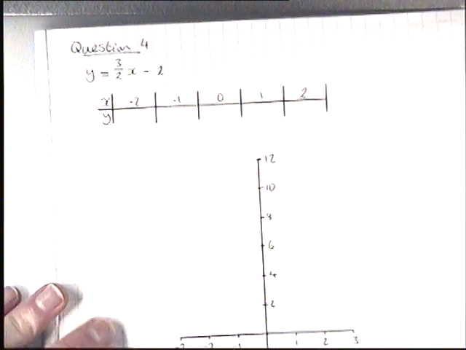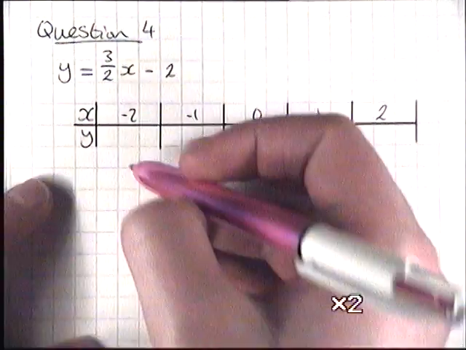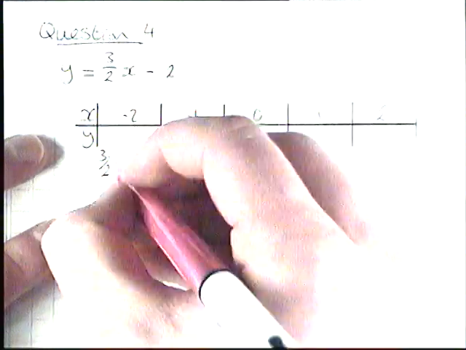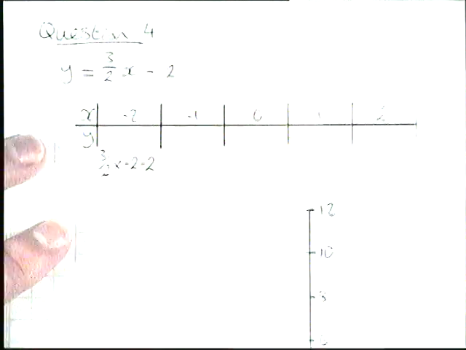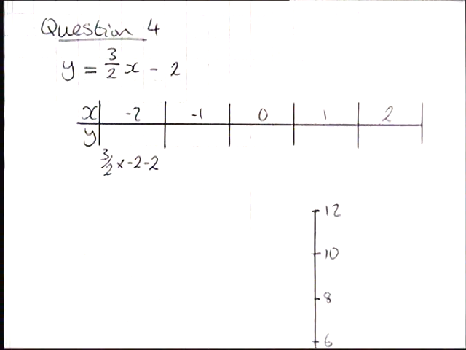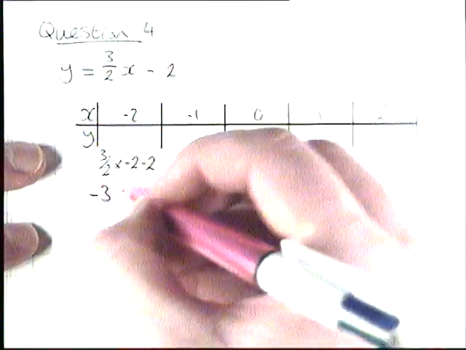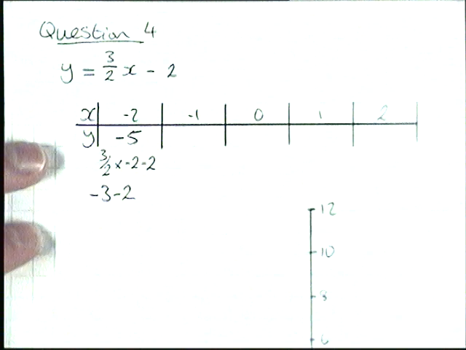Question 4. So this time we've got 3/2 times minus 2 minus 2. So we've got 1.5 essentially times minus 2 gives us minus 3, and then we've got to take away the 2, which leaves us with minus 5.